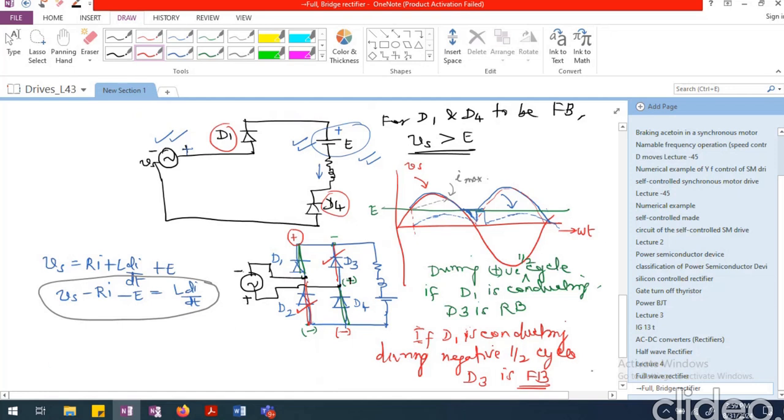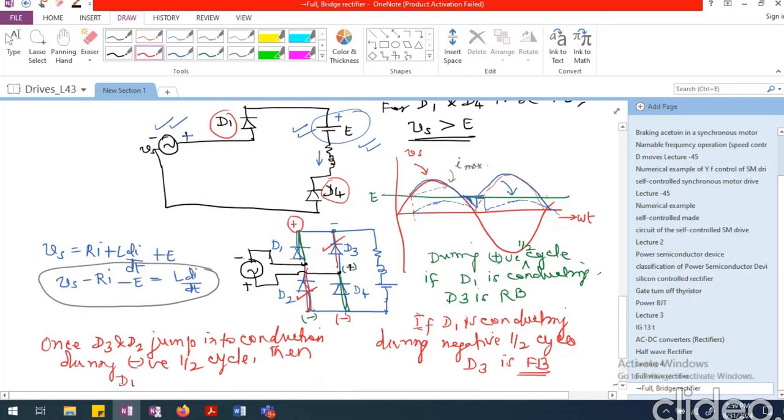So obviously, once D3 and D2 jump into conduction during negative half cycle, with the help of D1 and D4, then D1 and D4 will be automatically reverse biased.